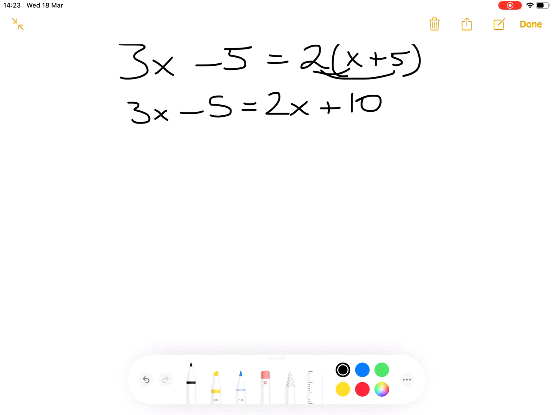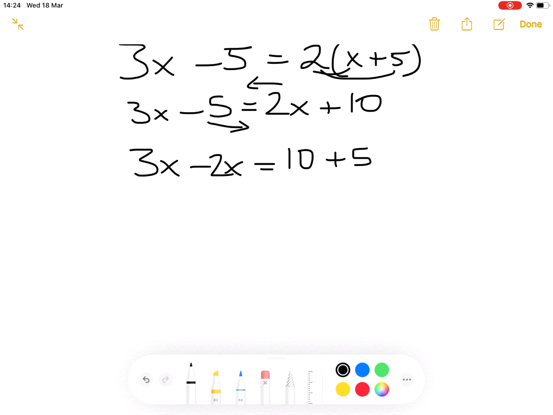Then I want to bring x's over here. I'm going to bring numbers over there. So I'm going to end up with 3x minus 2x, because when I bring that 2x over, it becomes a minus, is equal to 10. That was there already. And I bring the minus 5 over, it becomes a plus 5. Oh, sorry, plus 5. Not 15.